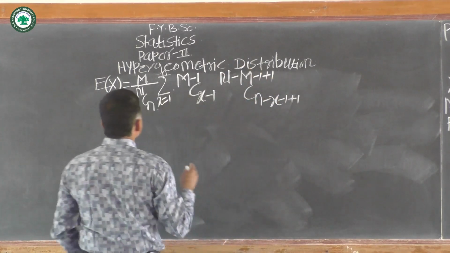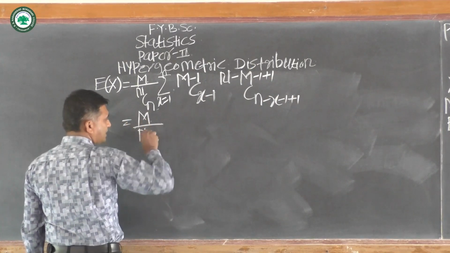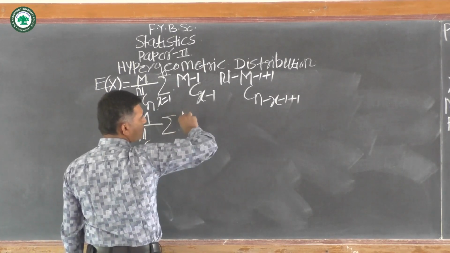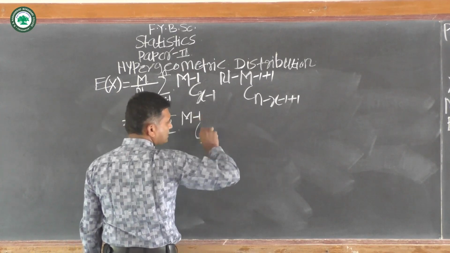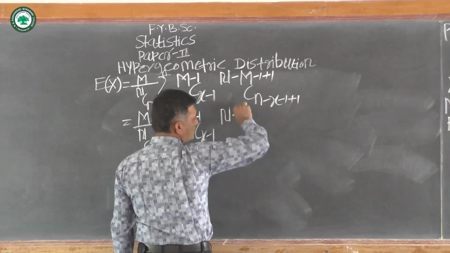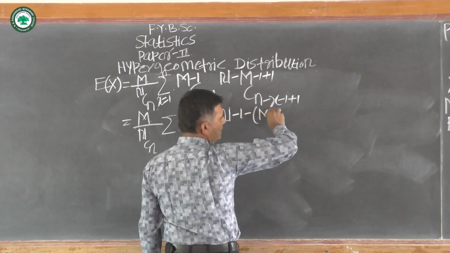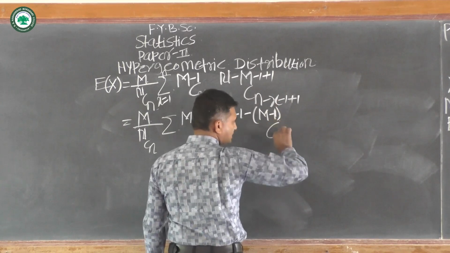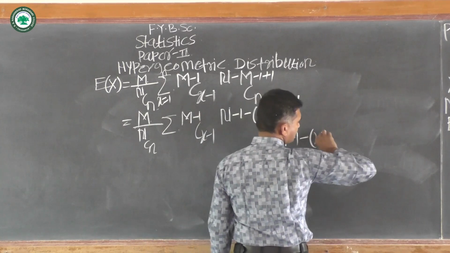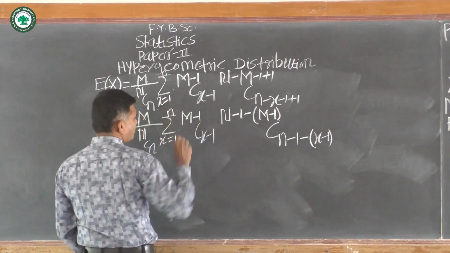Now this can be written as M upon NCn into the summation of (M minus 1)C(x minus 1) into (N minus 1 minus (M minus 1))C(n minus 1 minus (x minus 1)), summation over x running from 1 to n.